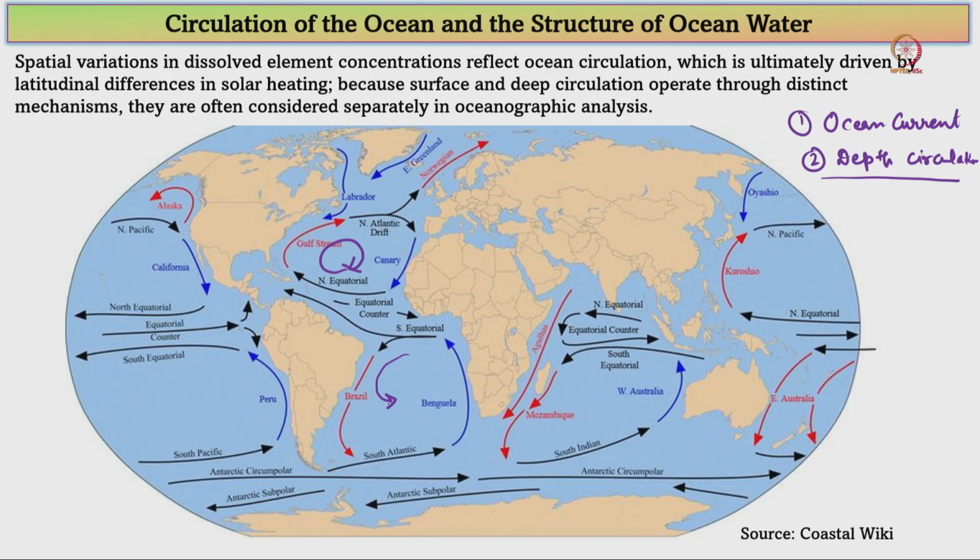So, in every ocean, the Atlantic Ocean, the Indian Ocean, the Pacific Ocean, the currents move along the coast, and at the equator we have the equatorial currents separated by the equatorial counter current. In the polar region we have the Antarctic circumpolar current, and in the northern pole we have the Greenland current, the Norwegian current and the Labrador current. So, all the currents are divided in different regions and according to the different oceans.